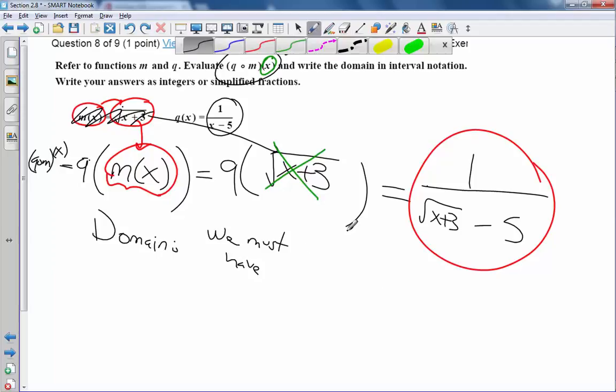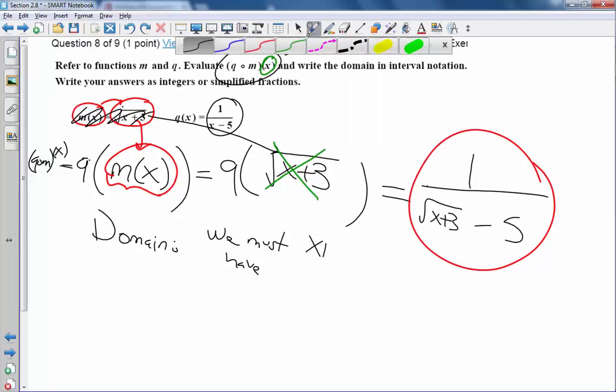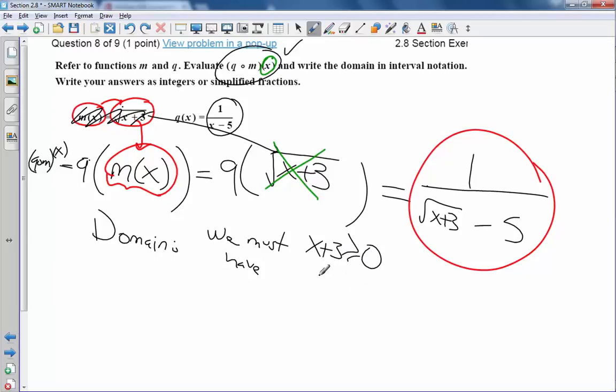Algebra, you can find it by algebra. Just set the inside more than or equal to 0 and solve. When I solve it, I got this result. So this is my initial response to this question. I must take all numbers more than minus 3 to keep this radical happy.